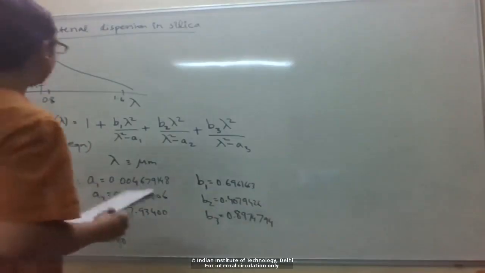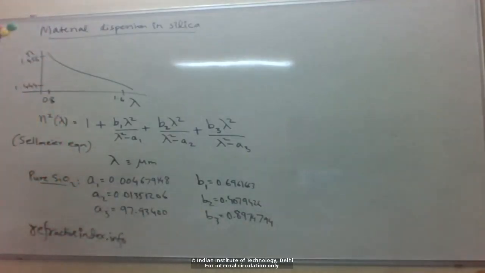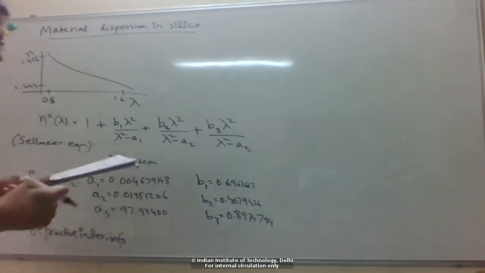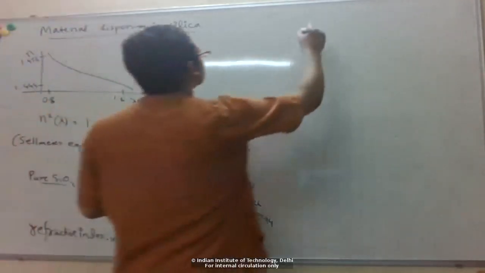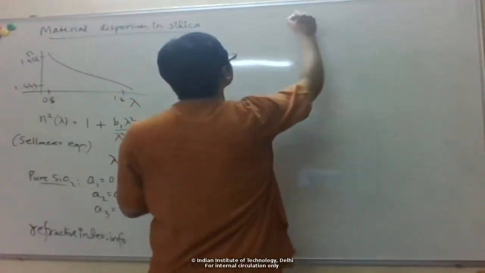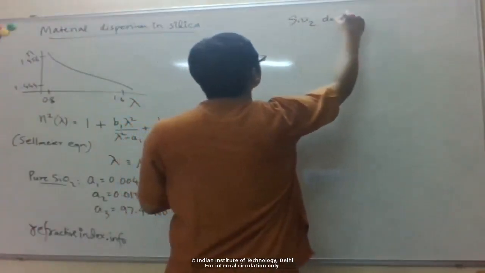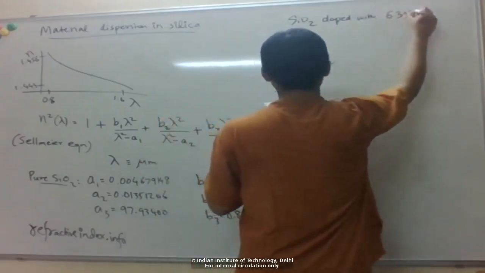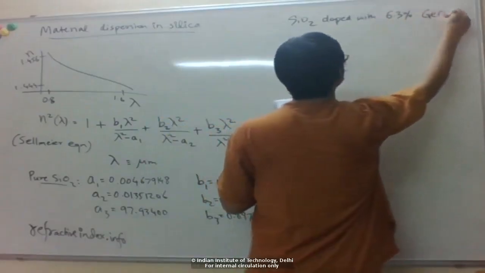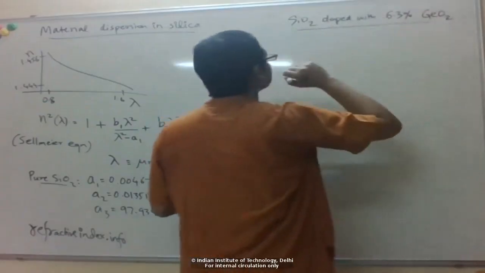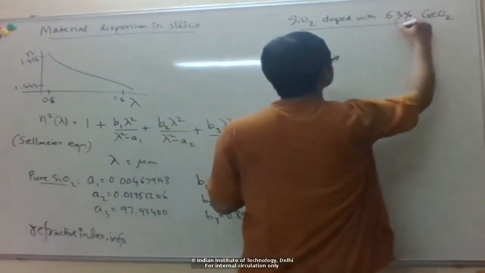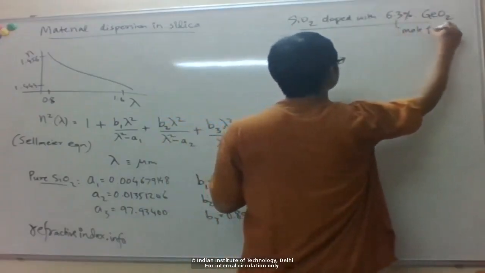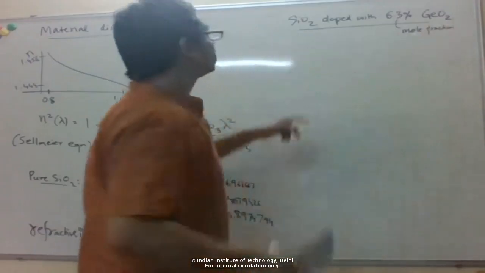And so what one can do is, as I said last time, we can dope the silica. This is for pure silica. So we can dope the silica with some dopants to change the refractive index slightly. For example, if we dope it with about 6% germanium dioxide, by mole fraction.